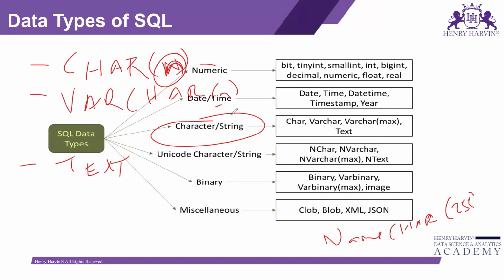Remember the previous two that we've talked of, the char and the varchar: they take in a maximum number of values that they can hold. But for text, it doesn't have a maximum length specified to it. So those are the types of character or string.